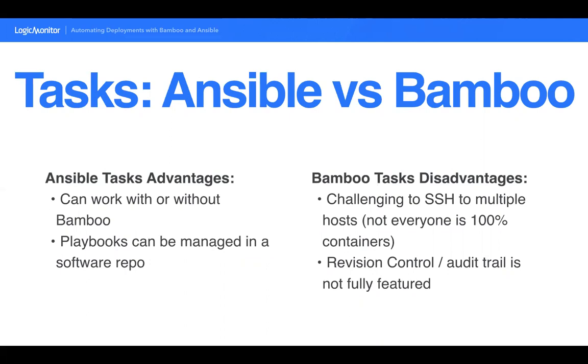So on the slide, Ansible task advantages: they can work with or without Bamboo. So when we are testing changes to the deployment process, we can do that without the complexity of Bamboo. We can just run our Ansible plays, make sure they work, and then as the last step, we can re-enable the Bamboo task to trigger that play.